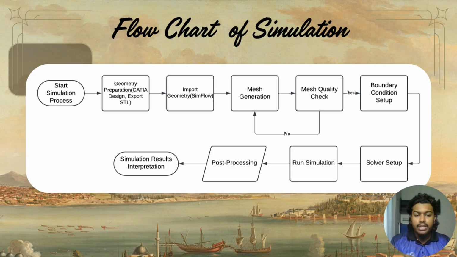If the mesh quality check is fine without any errors, we proceed to boundary condition setup. But if the mesh quality check shows an error, we move a step backwards to mesh generation and do it again so that the mesh quality check turns out without errors. After boundary condition setup, we move to solver setup, then run the simulation, and later do post-processing of the results.